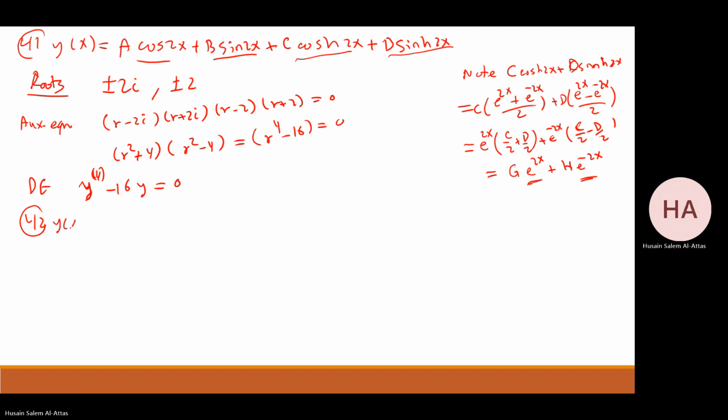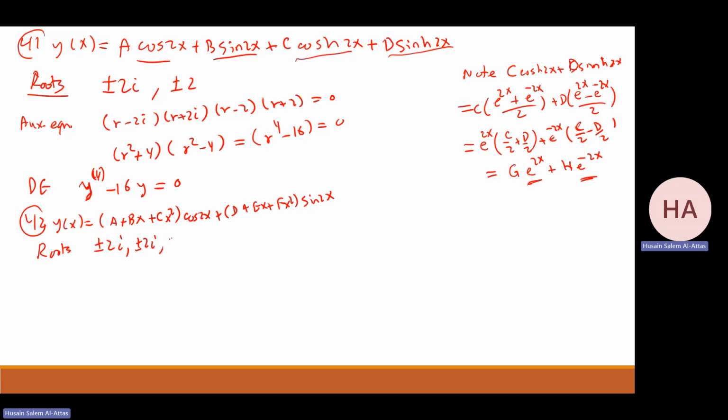42. The solution is a plus bx plus cx squared cosine 2x plus d plus ex plus fx squared sine 2x. So what are the roots? Plus or minus 2i repeated 3 times.